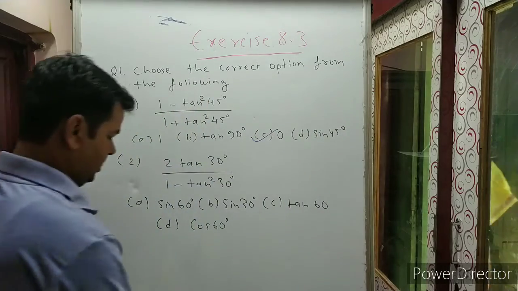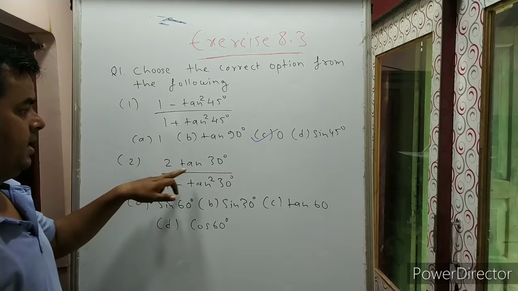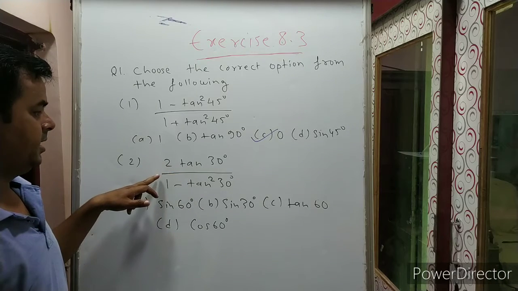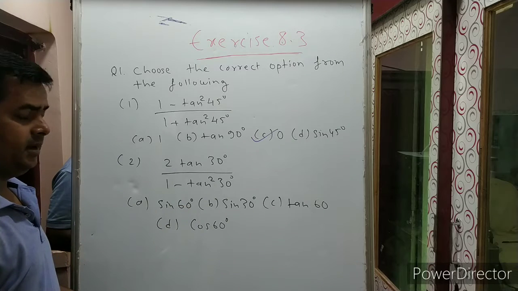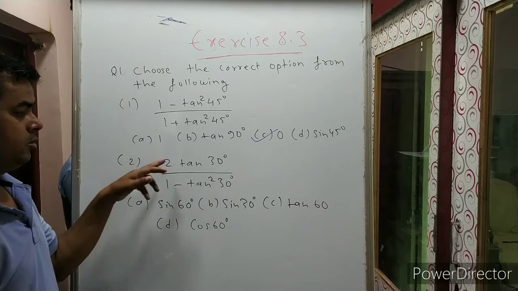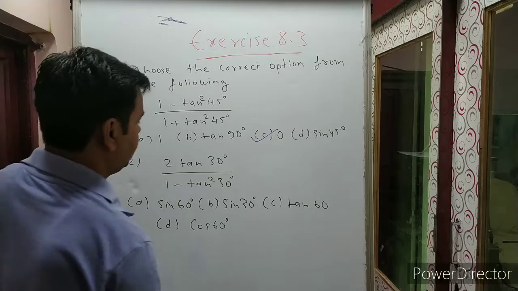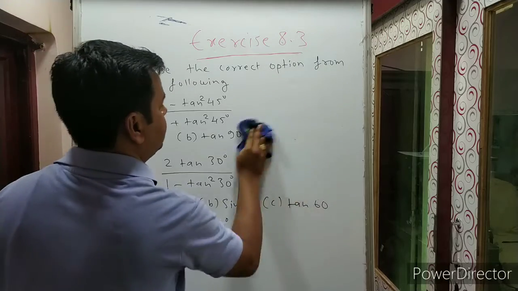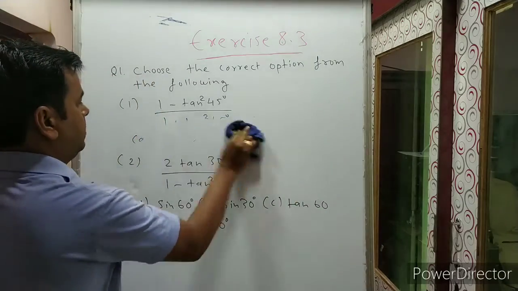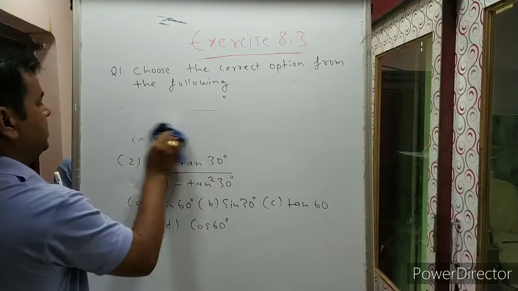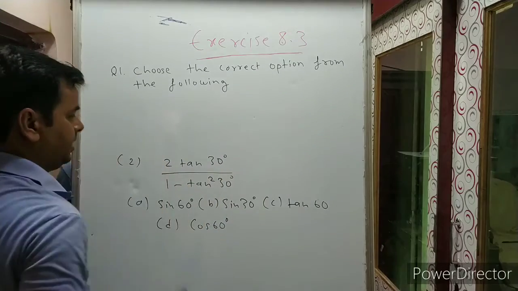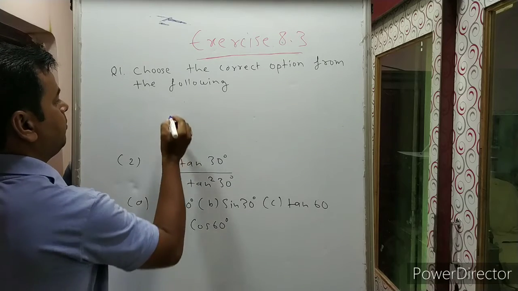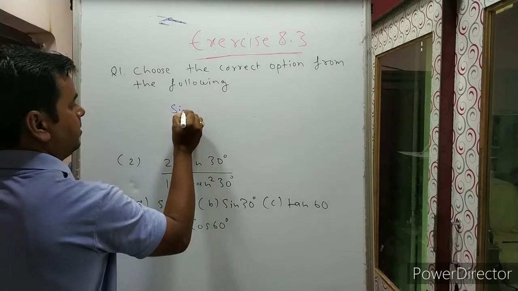Now the next question is 2 tan 30 degree upon 1 minus tan square 30. We need to solve this. For this, let me rub all these things. The question is given on tan 30, so we'll find the value of tan.